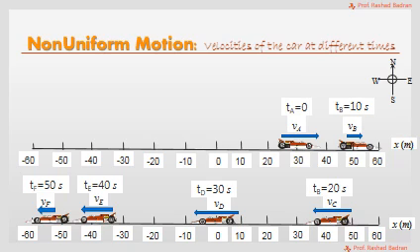Non-uniform motion can be demonstrated by showing the race car at different locations and different times, having different velocities.